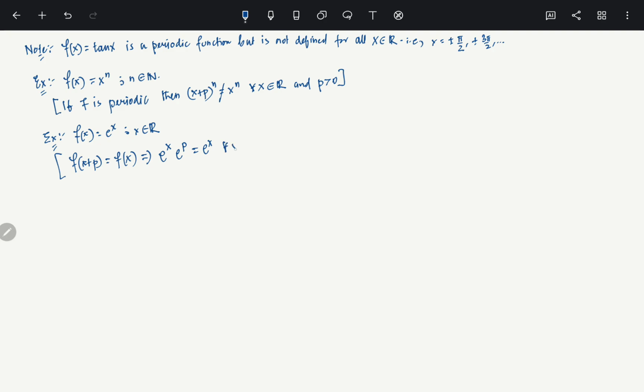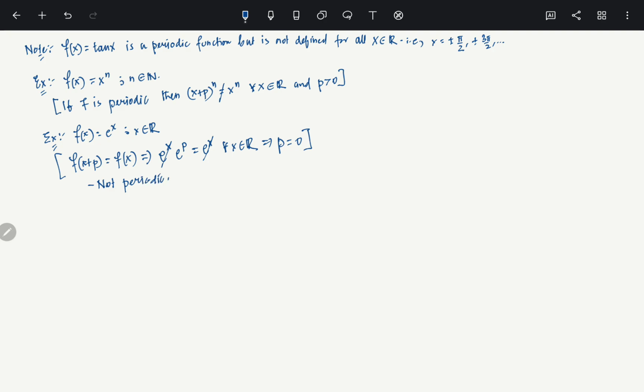This should hold for all x in R. But exponential is always positive, so you can cancel exponential x from both sides. So exponential p has to be 1, which implies p has to be equal to 0. But that can't be a period, because the definition of period is a real number which is positive. So this is again not periodic.